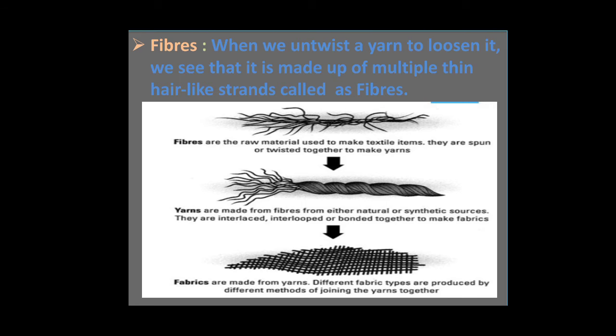Next, fabrics are made from yarn. You can see the yarn, and after making yarn we can make the fabrics. Different fabric types are produced by different methods of joining the yarn together. When we join the yarn together in different patterns, we get different kinds of fabric.